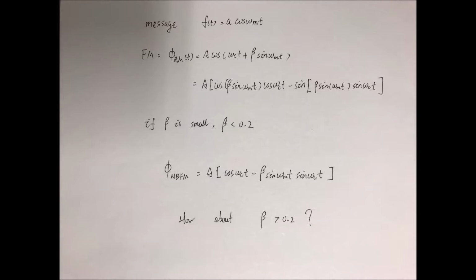The last time we went through this step by step. And cosine of angle 1 plus another angle, we can write down as A cosine beta sine omega M t.